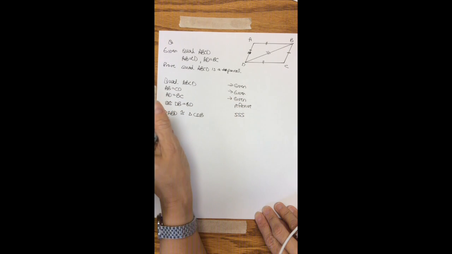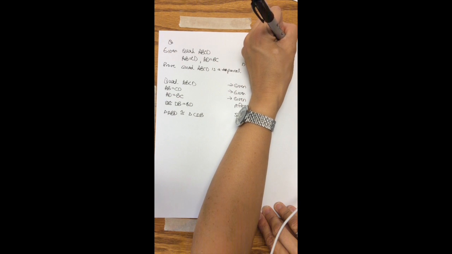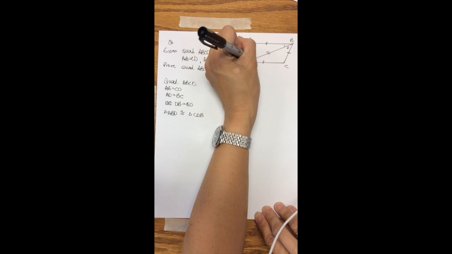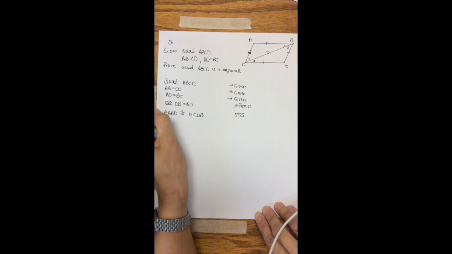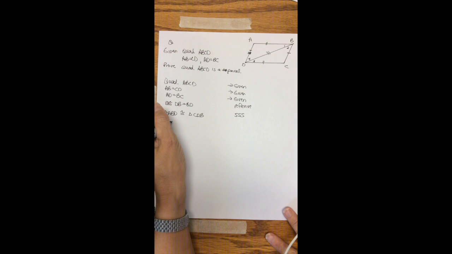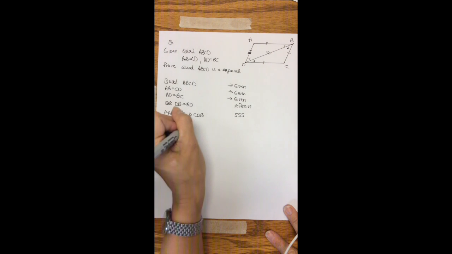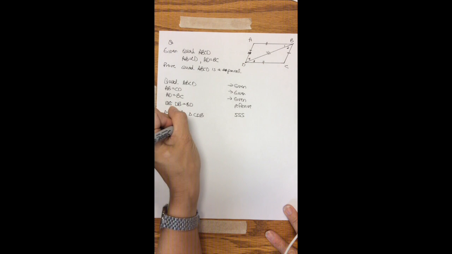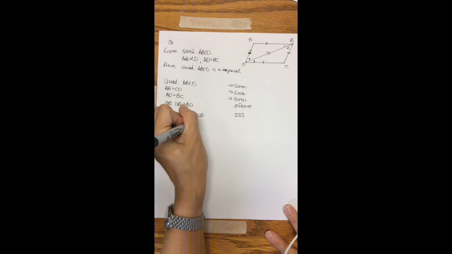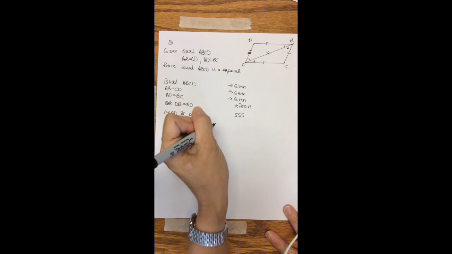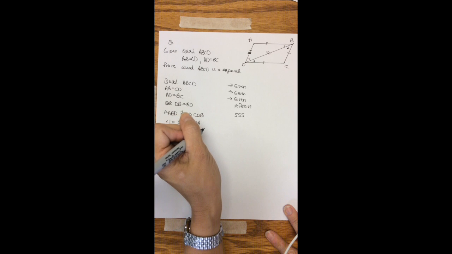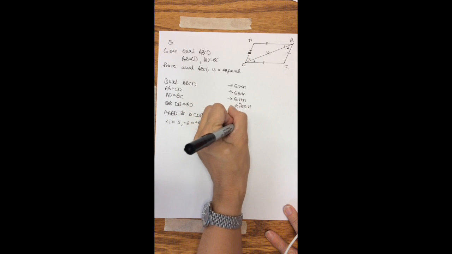Now we can say all the angles are congruent, right? Let's number them. 1, 2, 3, 4. Okay, A, B, D. So we have angle 1 is congruent to CDB angle 3, and angle 2 is congruent to angle 4 because of CPCTC.